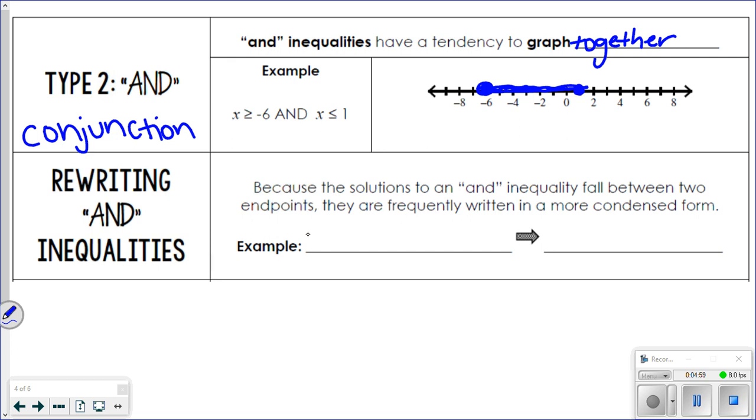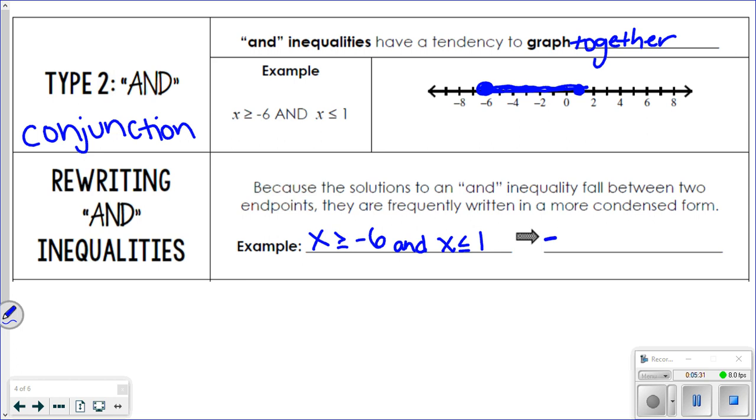So let's do this example down here. Instead of writing it as two separate inequalities, we can write it as one. So we're going to use the same numbers from above. And this time we're going to add our inequalities together. We're going to write them as one big compound inequality. So my lowest number, or my smallest number, is -6.